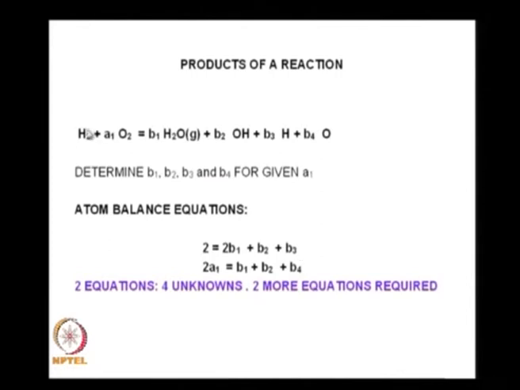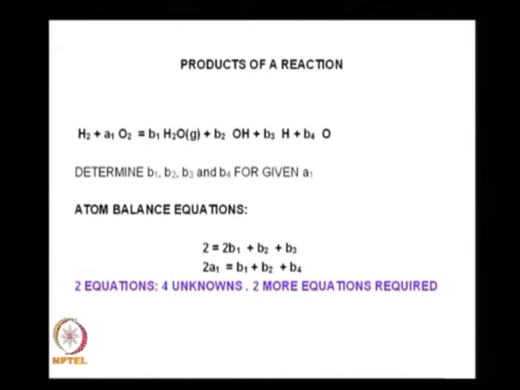This is the atom balance equation for H. Similarly for O, I have 2 A1 on the reactant side, and I have 1 O B1 plus 1 O B2 plus 1 O B4. Therefore, now I get 2 equations which connect the moles of my products, which I have assumed to be B1, B2, B3, B4, and which I want to determine for a given value of A1.